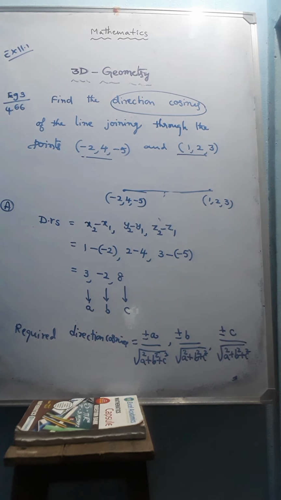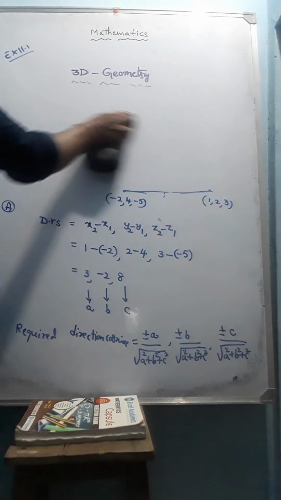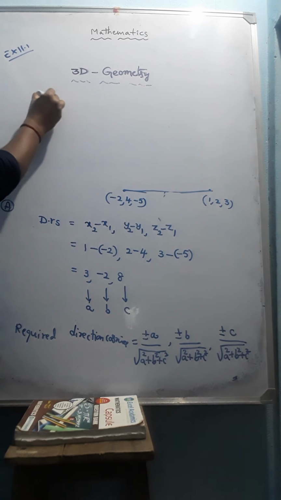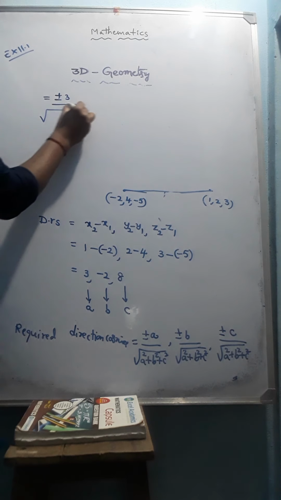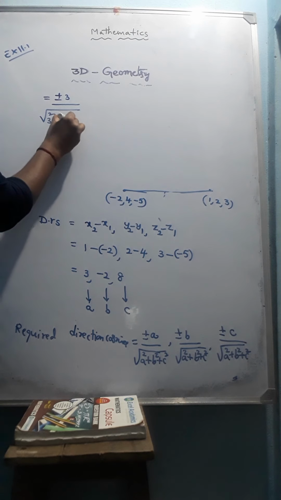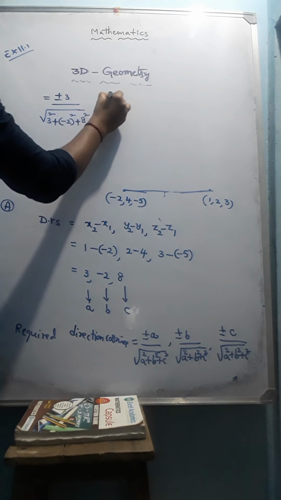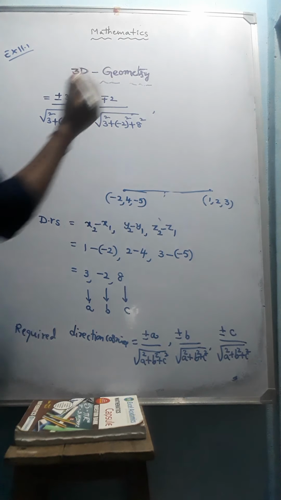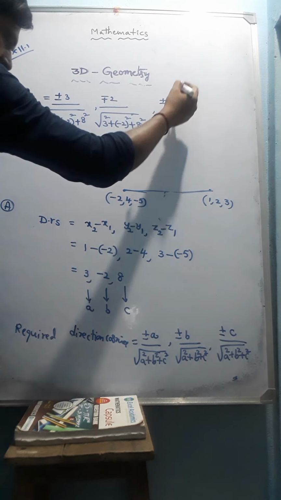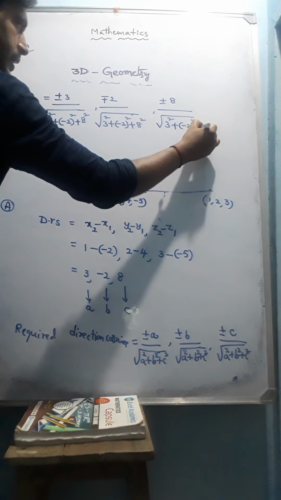Okay, so write them fast. That is equal to plus or minus, A value is 3, so 3 by square root of 3 square plus minus 2 whole square plus 8 square, comma, minus plus 2 by square root of 3 square plus minus 2 whole square plus 8 square, comma, plus or minus C value is 8, so 8 by square root of 3 square plus minus 2 whole square plus 8 square.